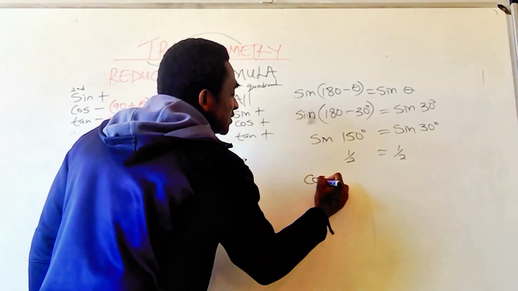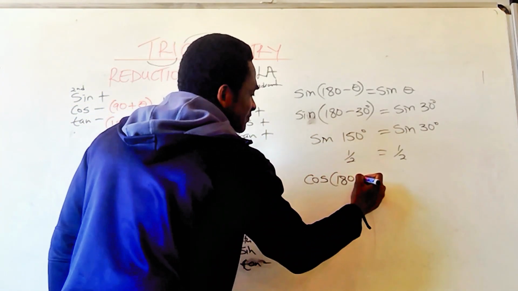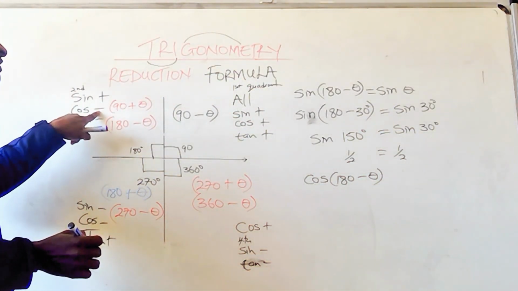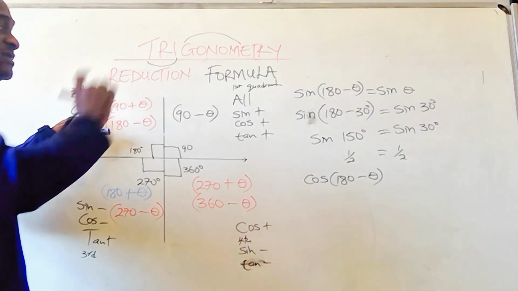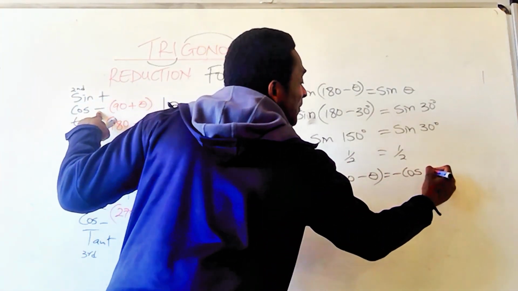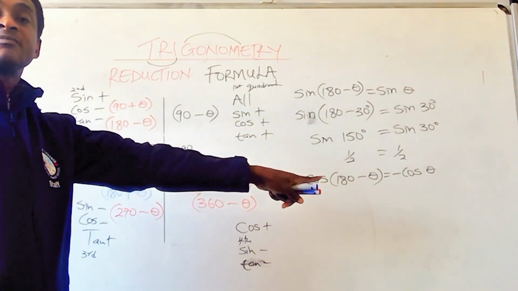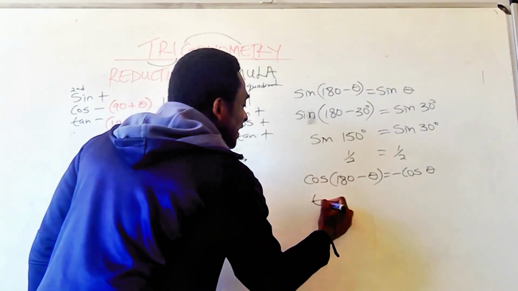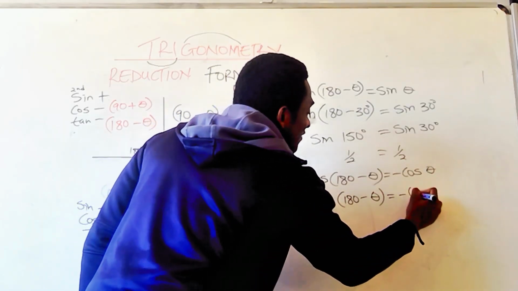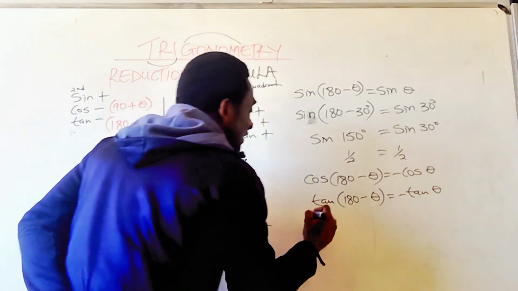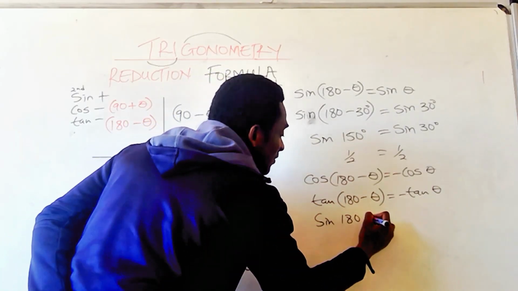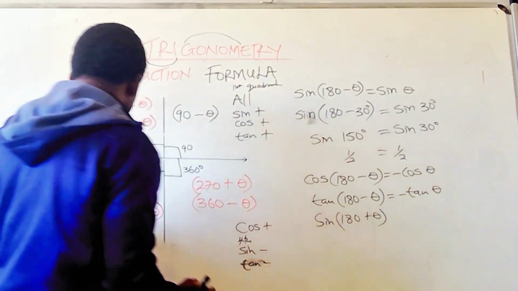Now we have cos of 180 minus theta. 180 minus theta is here, and cos is negative, so we must take that into consideration. It returns its value, it is not a cofunction, but it will have a negative. The same applies to tan of 180 minus theta. It will have negative tan theta. And then we go to sine of 180 plus theta, which is in the third quadrant.